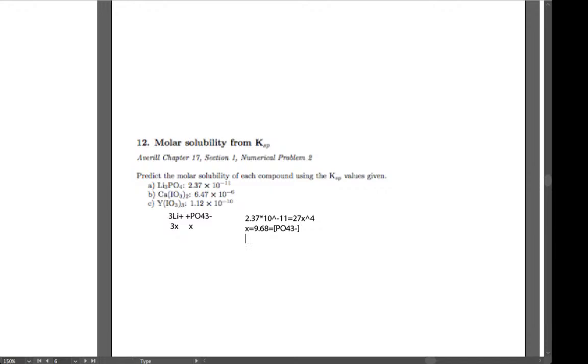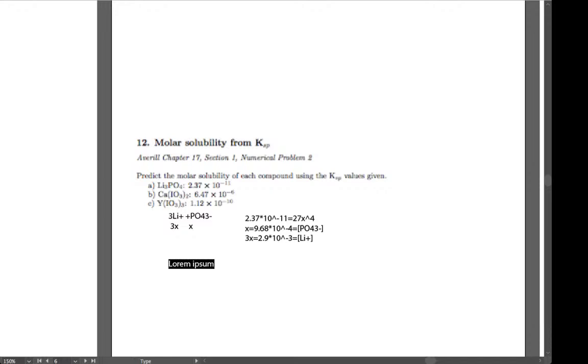And for the 3x, that would equal 2.9 times 10 to the power of negative 3, which would equal the concentration of lithium plus. There we go. I actually forgot to put 10 to the power of negative 4 here. So that's for the first one.